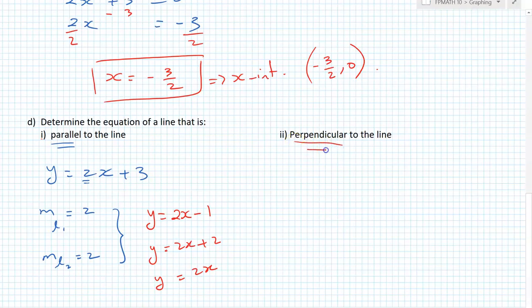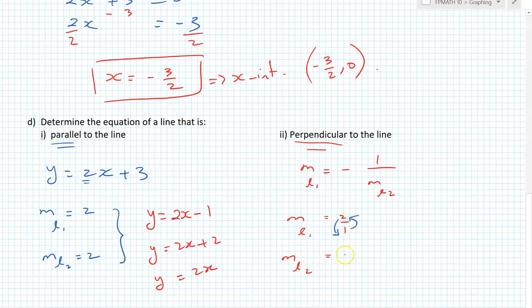For perpendicular lines, remember that the slope ML1 must be equal to -1 over ML2. So the slopes are negative reciprocals of each other, or when you multiply them, you get -1. If ML1 is 2, or 2 over 1, then for ML2, first of all, do the reciprocal.